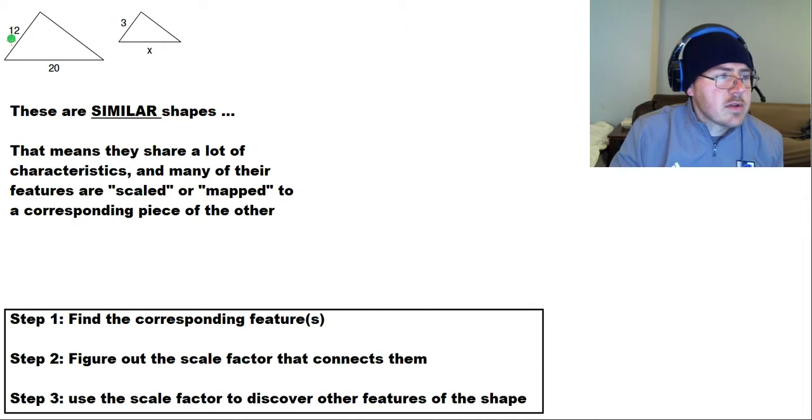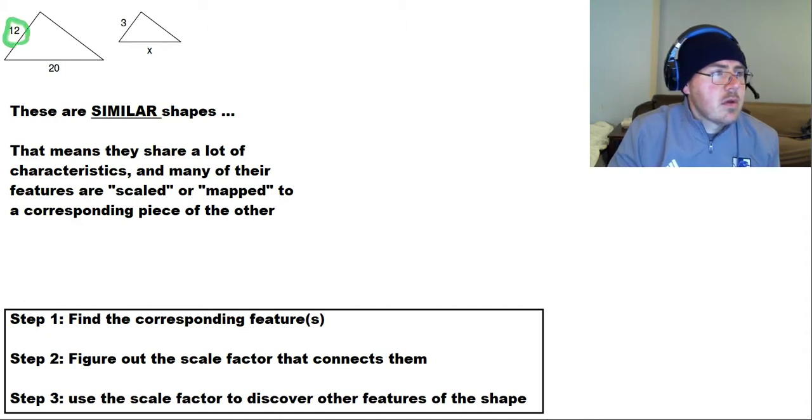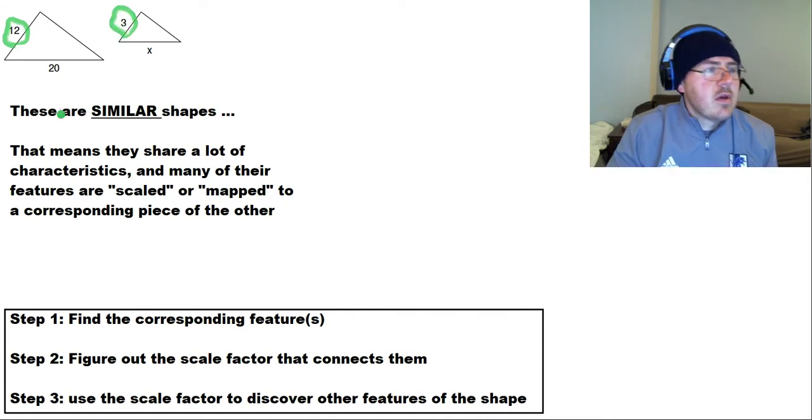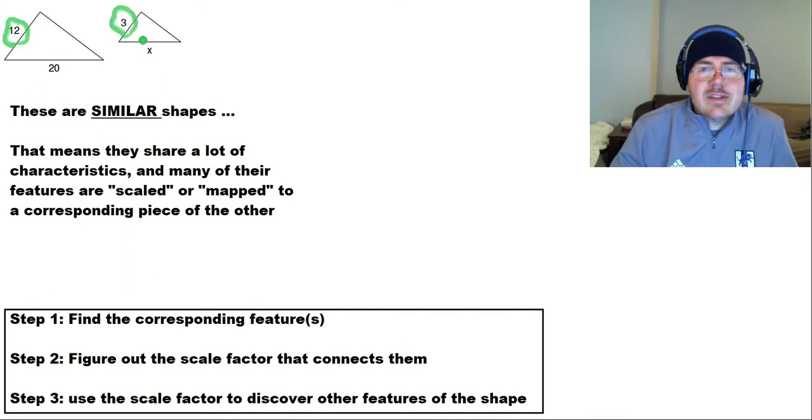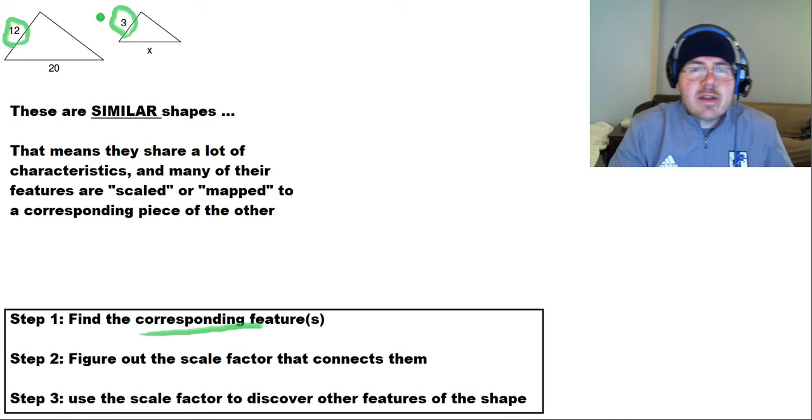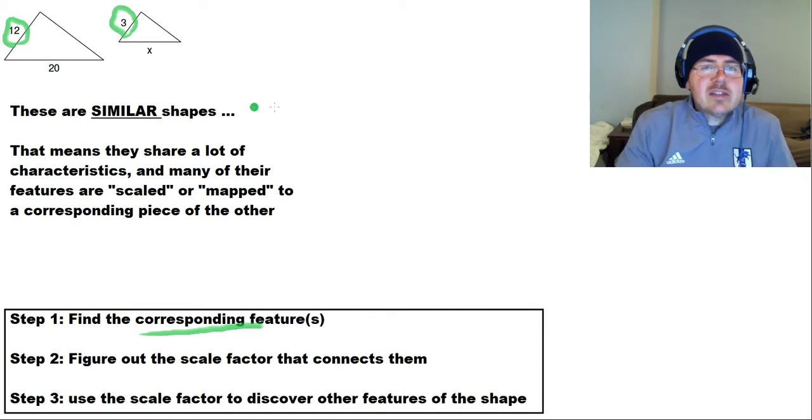You're going to notice that this 12 and this 3 are on the same corresponding side. That word down here, corresponding. They're on the same corresponding side of their respective shapes. So that's where this problem is going to unlock.